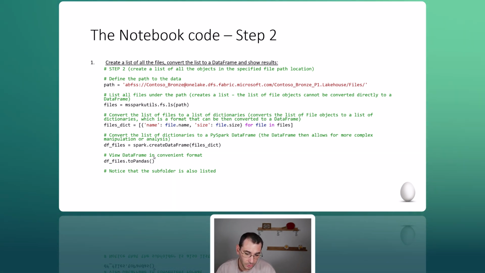This is a more convenient format for me, because if I type show and see the default data frame, the format sort of, for example, shortens the file name, and I don't see the entire name. So to view this properly, I'm using pandas. Okay, so let's paste this code into the notebook and see what happens.